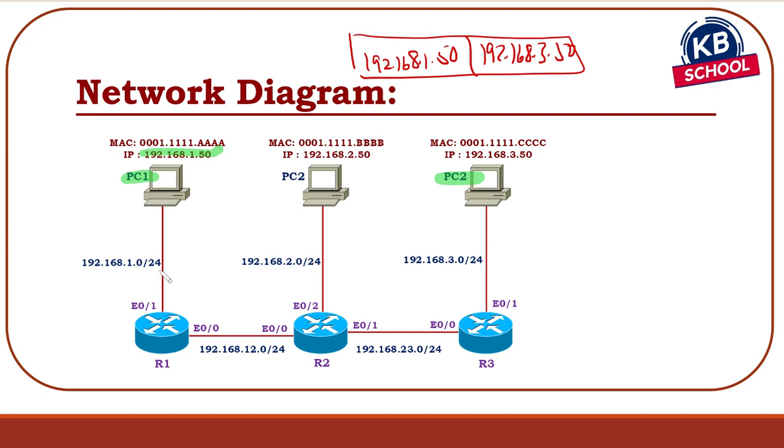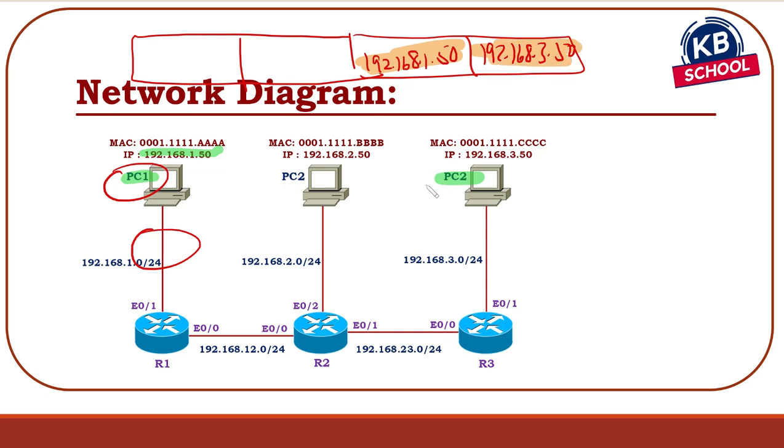Now, when I live within my same network, I would do an ARP to figure out the destination MAC. But before I do the ARP for the destination IP, there's a process that is run on the PC to determine if the source IP and the destination IP are on the same network or different networks.